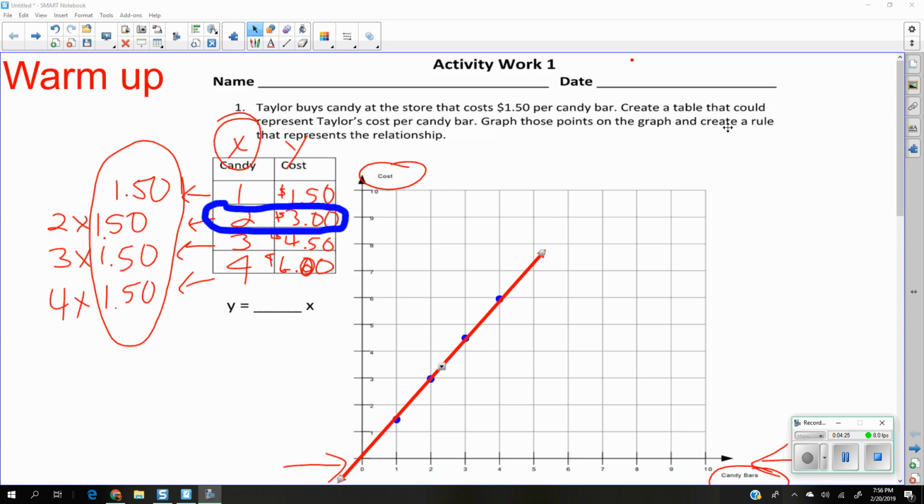So now what we want to do is create a rule that represents the relationship. So here we have y. What does y equal? Y equals something times x. Well, what did we multiply to x? We multiplied $1.50.